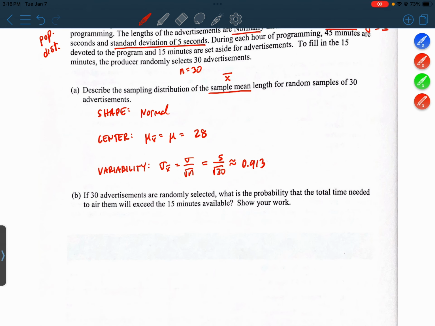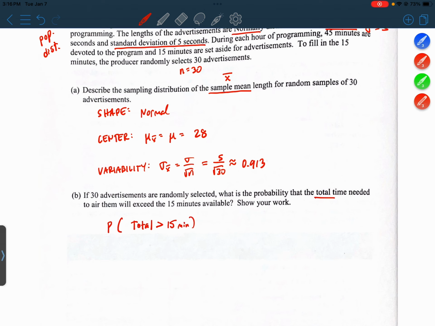Part B, if 30 advertisements are randomly selected, what is the probability that the total time needed to air them will exceed the 15 minutes available? Show your work. All right, so the total time, let's write this. We want to find the probability that the total time exceeds 15 minutes.